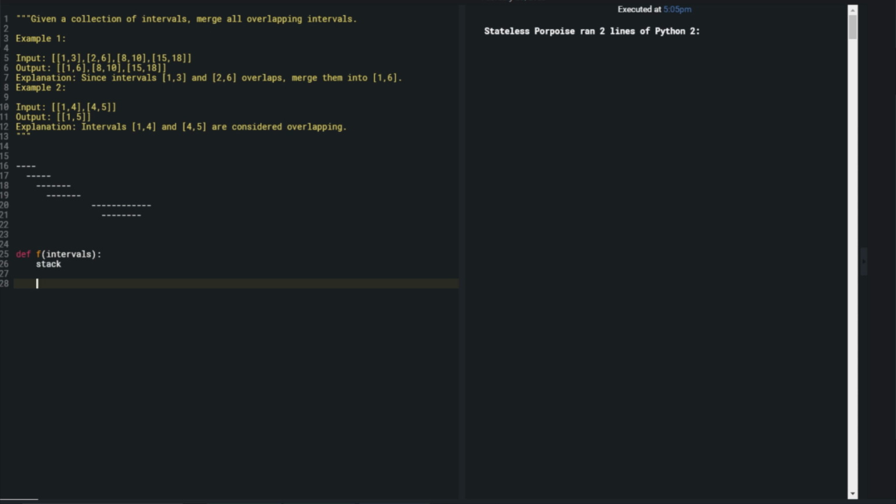Sorry, I'm gonna write down my thoughts if you don't mind. Yeah, go for it. I would sort by start. I remember I specifically chose the start, and then I had a stack like this.